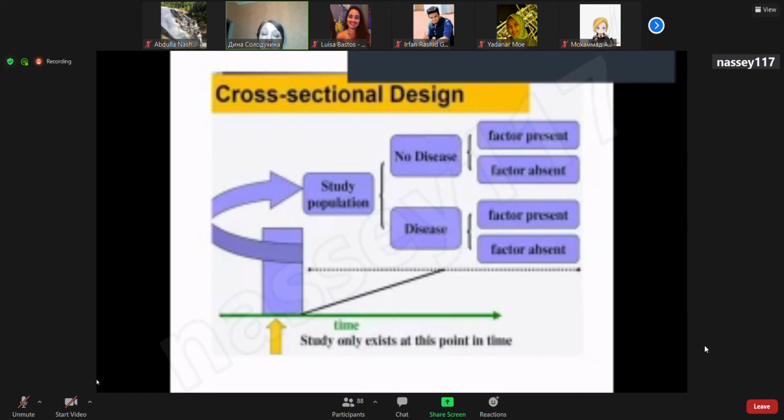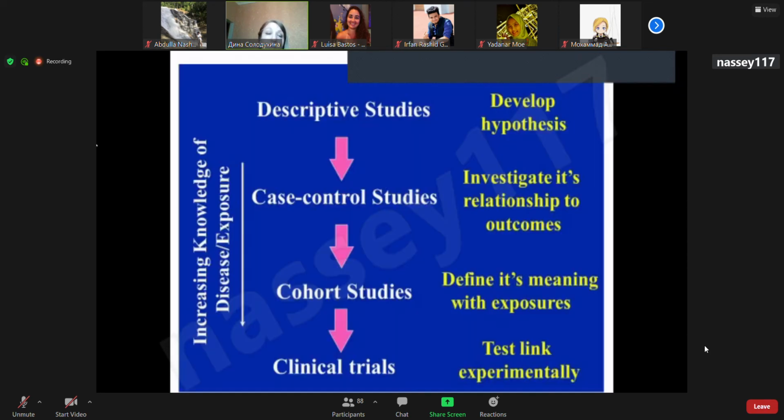If you make a kind of hierarchy or ranking according to increasing knowledge about a disease or exposure, you have to start with descriptive studies, then case control studies, then cohort studies, and finally clinical trials. The development of hypothesis starts with descriptive study.